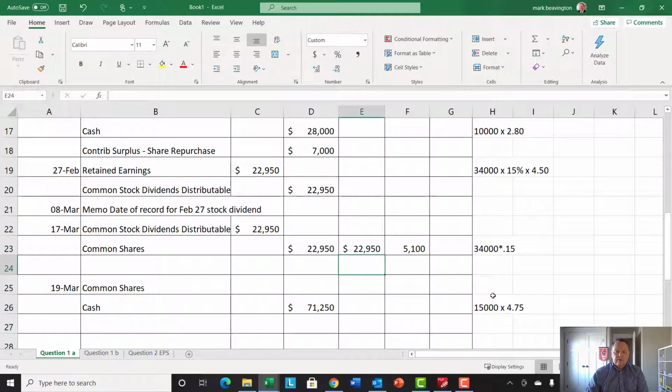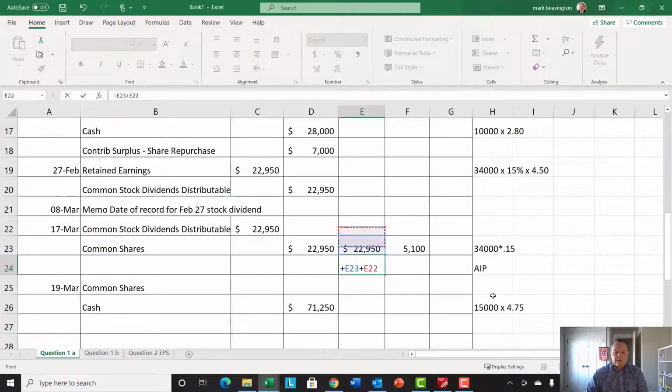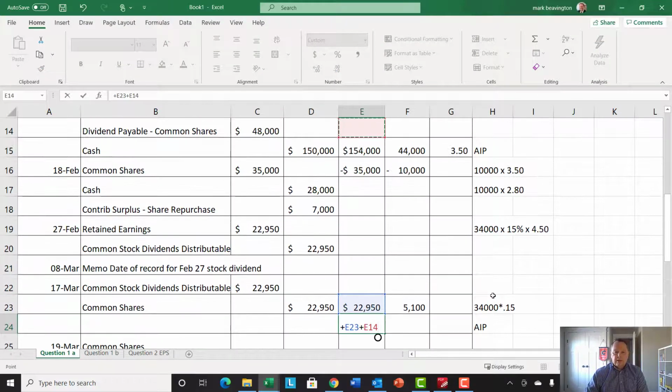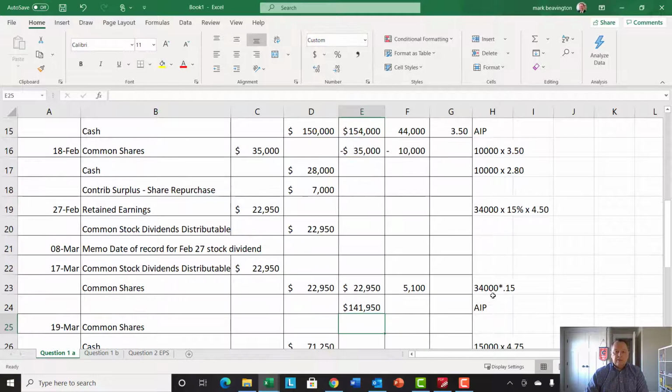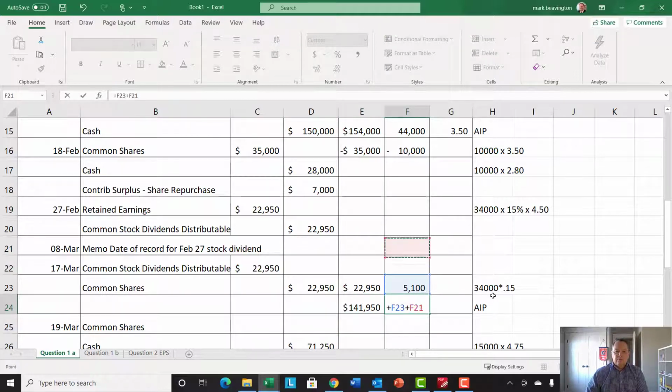Here we've got to recalculate the average issue price. The dollar value we have is 22,950 plus what we had up here, which was the 35 that we just spent, plus the 154. So we're at 141,950. The number of shares is those 5,100 that we just gave out, the 10 that we repurchased, and the 44 that we had in our previous calculations.